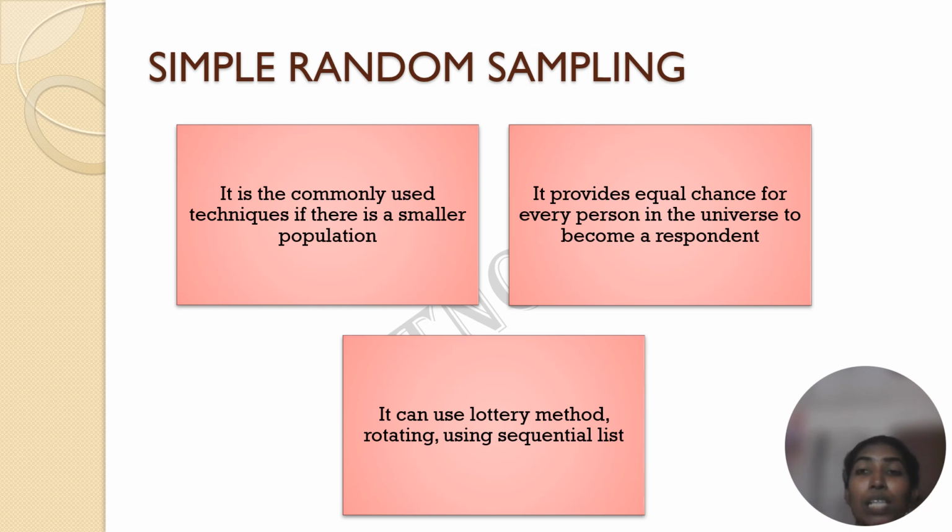So equal chance is given for all the members in the population. And a few argue that simple random technique can be used only when the population size is below or equal to 30 and not above that.